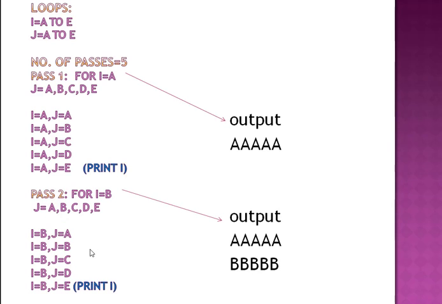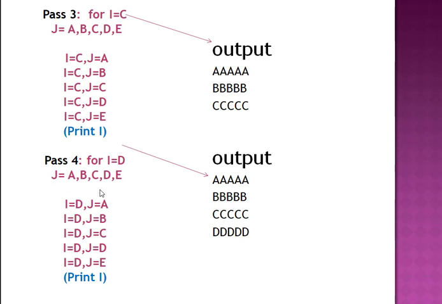Similarly, in the second pass, when I is equal to B, that is the value of the second row, how many times should I be printed? I is equal to B, so B should be printed 5 times. So what is the output? The output is 5 times B. So this is the output for both passes.